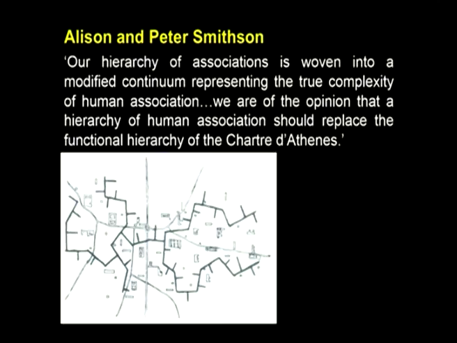They say that our hierarchy of associations is woven into a modified continuum representing the true complexity of human association. We are of the opinion that a hierarchy of human association should replace the functional hierarchy of the Athens Charter. Again, they say the same thing here: the hierarchy of human association is more important than the hierarchy of function.